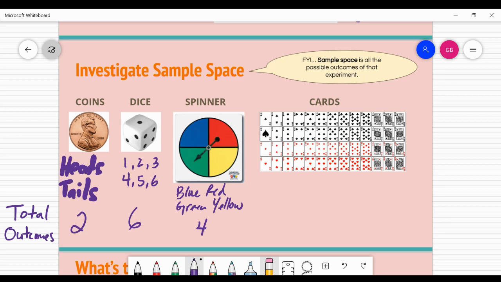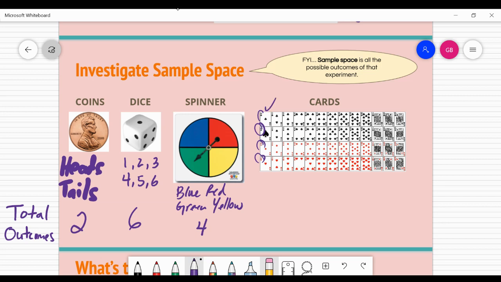If your experiment is picking a card randomly from a deck of cards, here's an example of a standard deck of cards. Notice that there are 4 suits. You have clubs, spades, diamonds, and hearts. And for each one of these suits, there are 13 different cards.